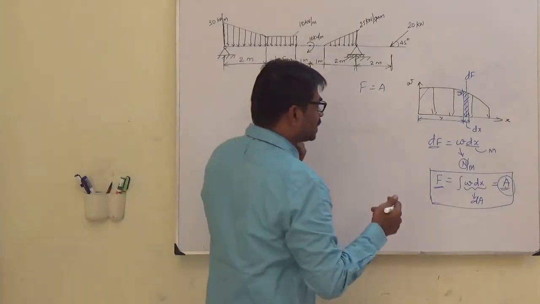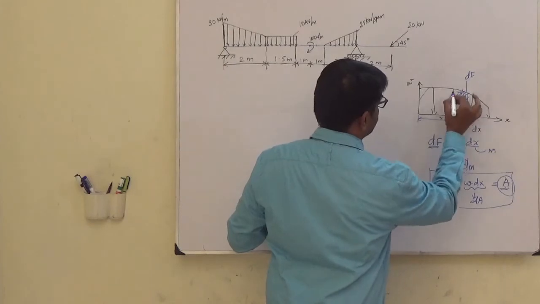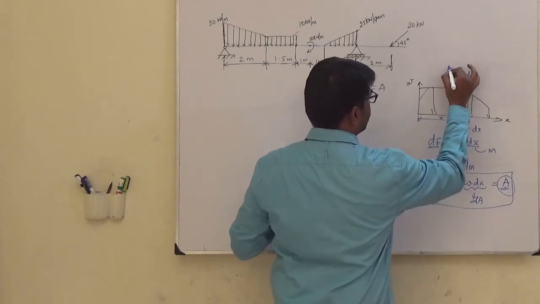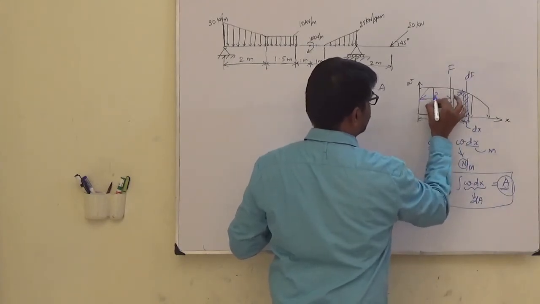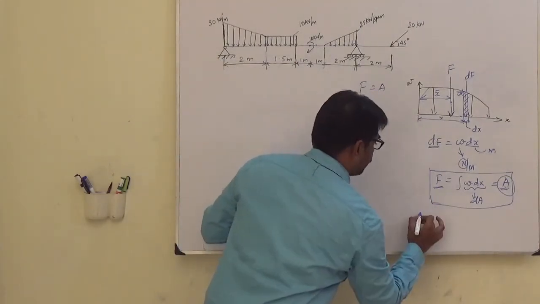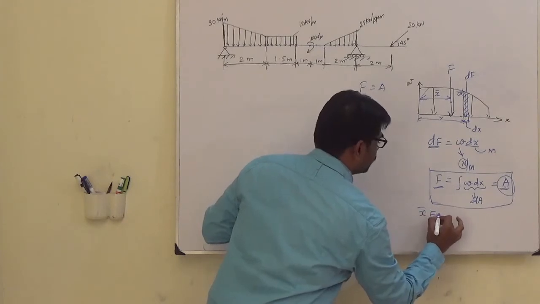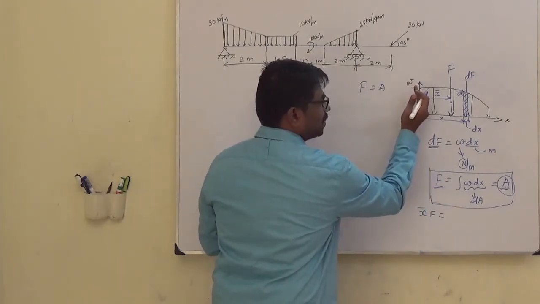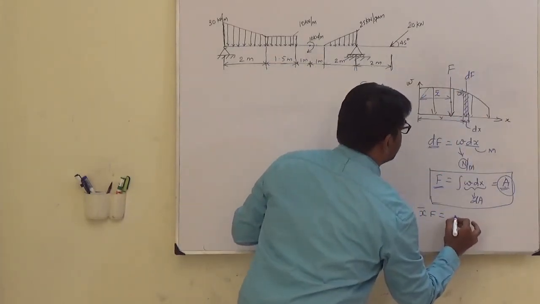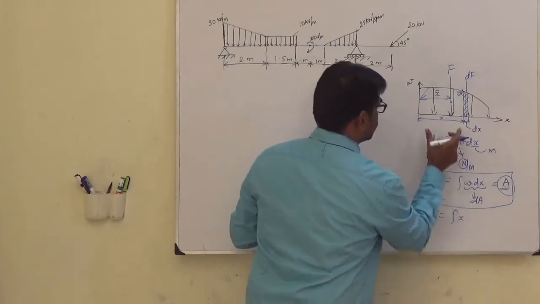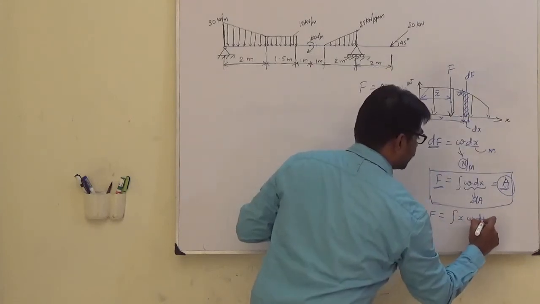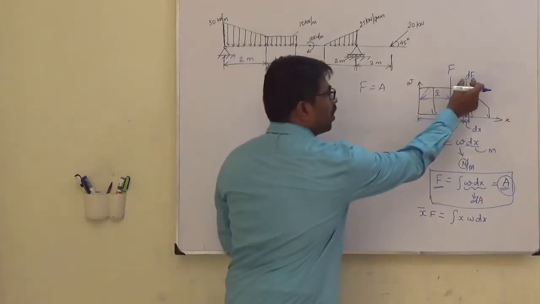Now that resultant force, where will it act? Say the resultant force is acting at a particular location, x bar. So x bar into F, I take moment about this axis. F into x bar is equal to the integral of x, the distance, and omega dx, the small force.